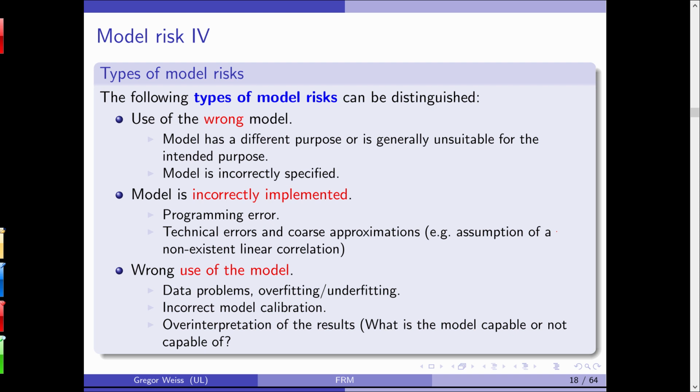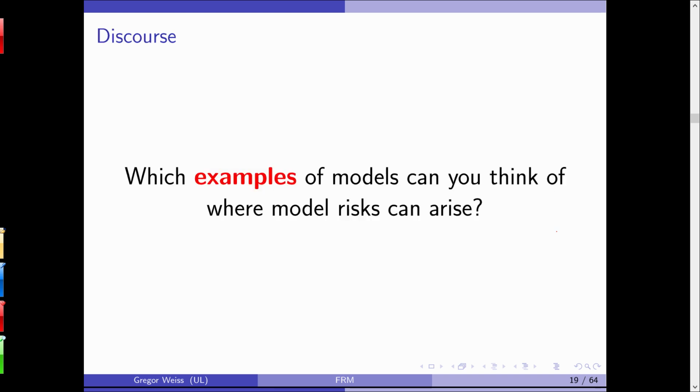You have correct results, but you simply interpret these results in a way the results were not intended to be. In some cases, you realize that your model is capable of something or it's not capable of something. These are model risks.